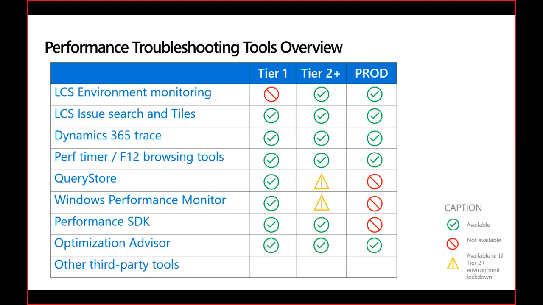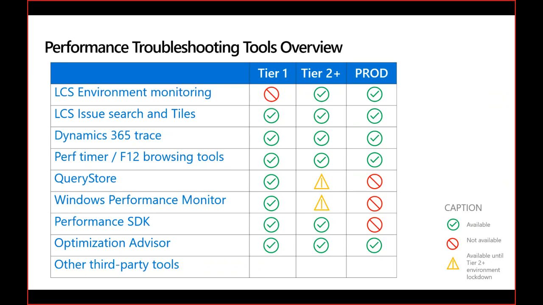Query Store will be highlighted at the end of the presentation and is a useful tool. Query Store will also be used in the backend for production systems, but cannot be queried directly. But of course, through LCS Environment Monitoring, we make use of Query Store as well.